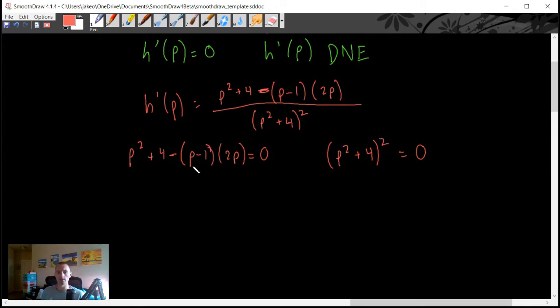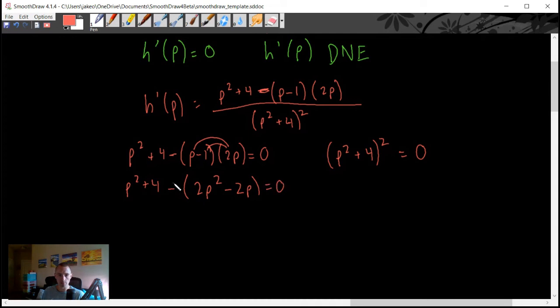So let's go ahead and think about how to solve these equations. Let's just go ahead and distribute this out over here and simplify this. So we'll leave our p squared plus 4 alone for a minute. The 2p will multiply into both of these terms here. So we're going to get 2p times p is 2p squared, minus 1 times 2p is minus 2p.